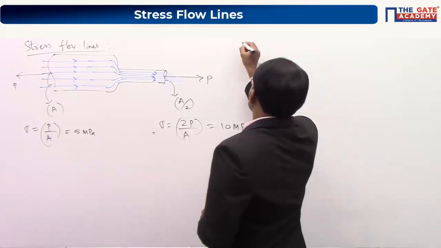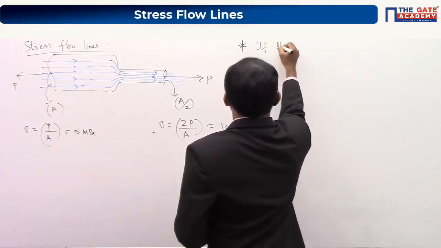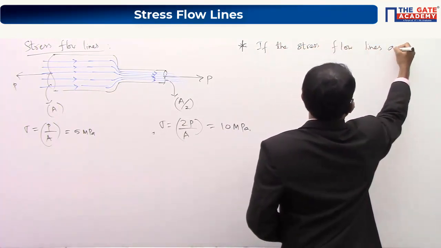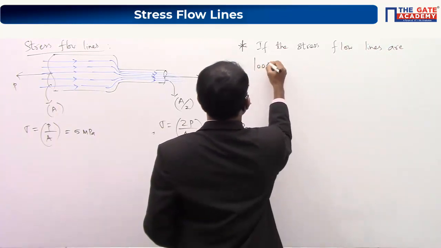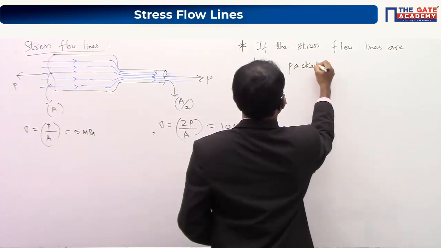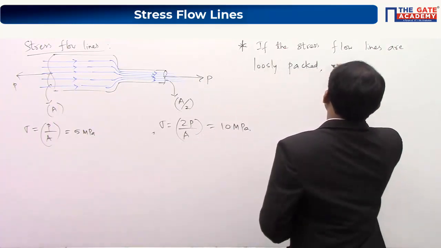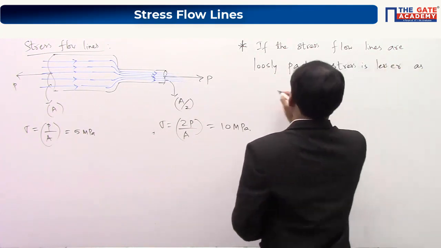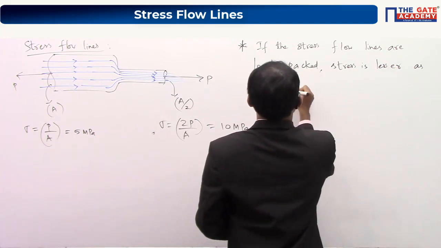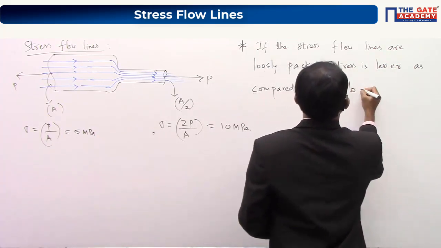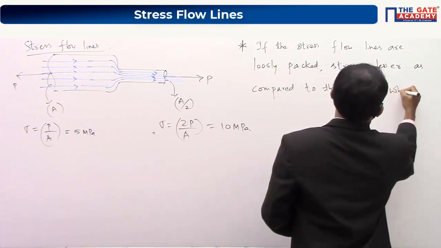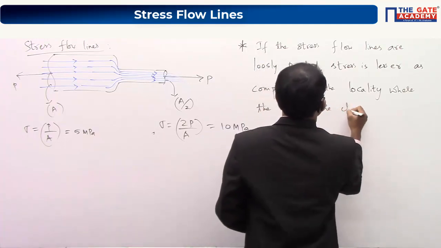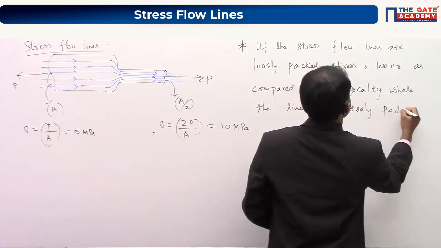Okay, so if the stress flow lines are loosely packed, stress is lesser as compared to the locality where the lines are closely packed.